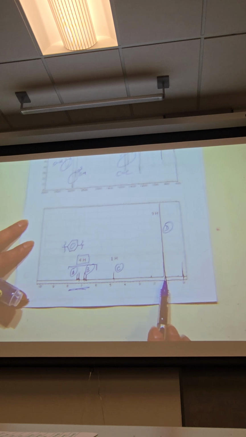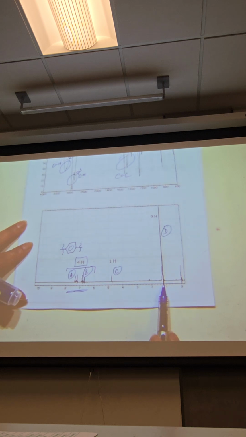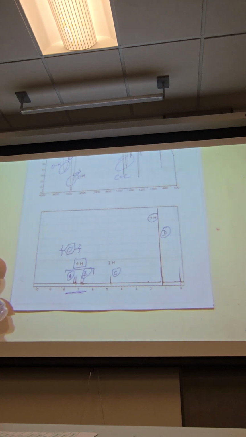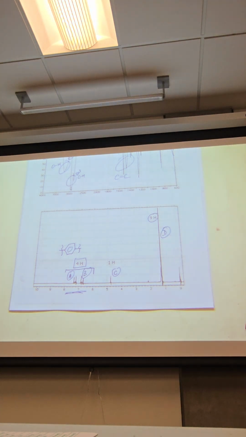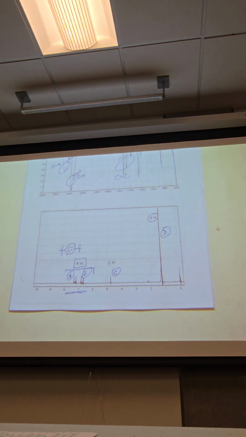What about this big one at around 1.2 or so, integrating for 9 hydrogens? What does that suggest, guys? Let's use some critical thinking here. You have one signal integrating for 9 hydrogens. Why should they be all equivalent? If it's a chain, they will not be equivalent. Not isopropyl, because isopropyl has 2 different kinds of hydrogens. Nine is the clue. Is it 3 separate CH3s?